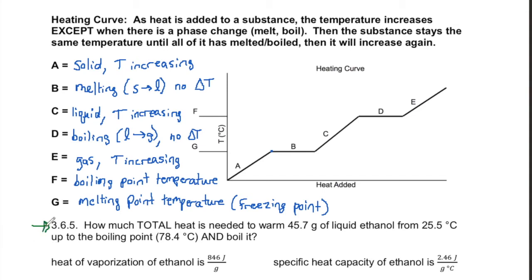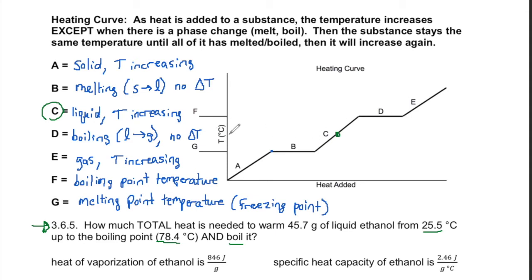Let's take a look at what we want to calculate in problem 3.6.5. So we are going to warm some liquid ethanol from one temperature to another temperature. And then once it is at that temperature, which is the boiling point, we are going to also boil it. We're going to convert that liquid ethanol to a gas. So we're starting with ethanol as a liquid and increasing the temperature, area C of the curve.